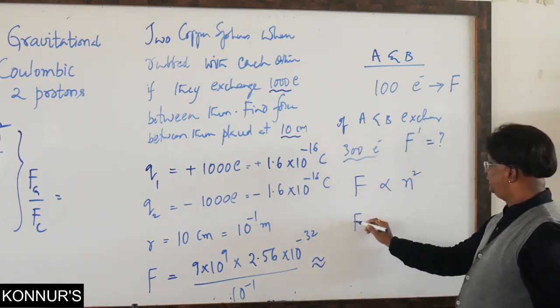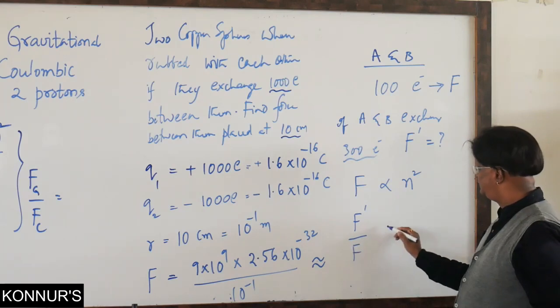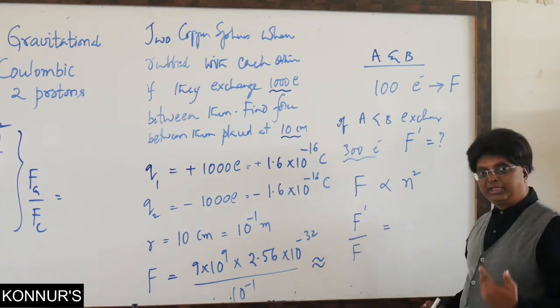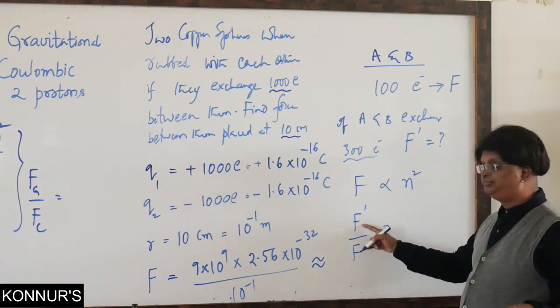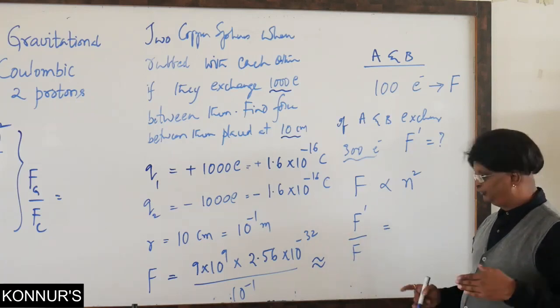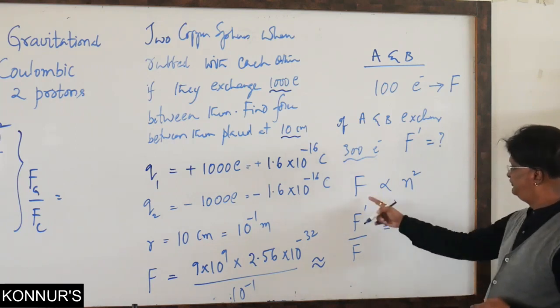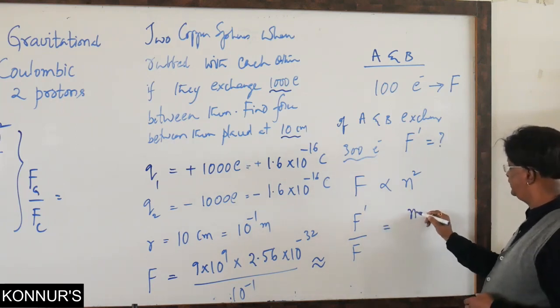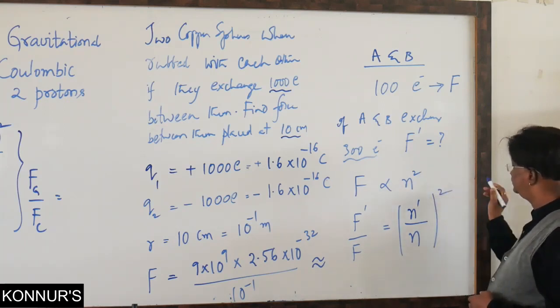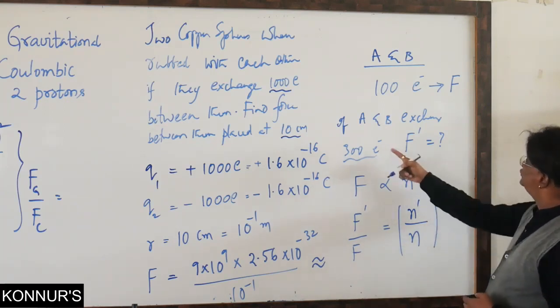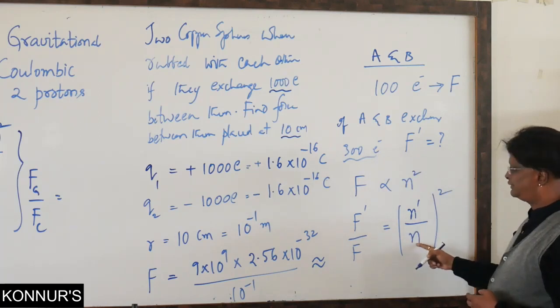Therefore, now here I write F dash by F. What is again the meaning? F is the given, known, initial. F dash, the final, unknown, which is required. F dash by F. Since this is directly proportional, shall I say N dash by N, and this is index squared. And N dash is going to be 300 by 100.